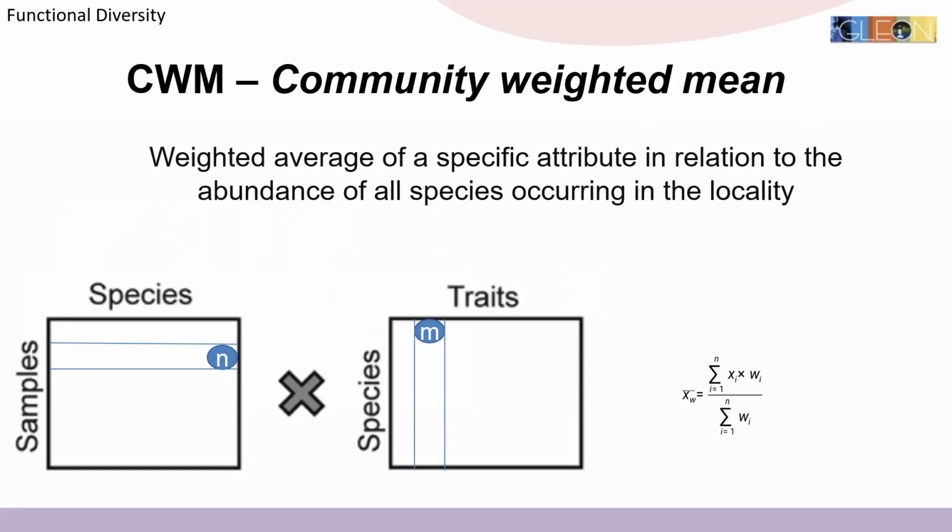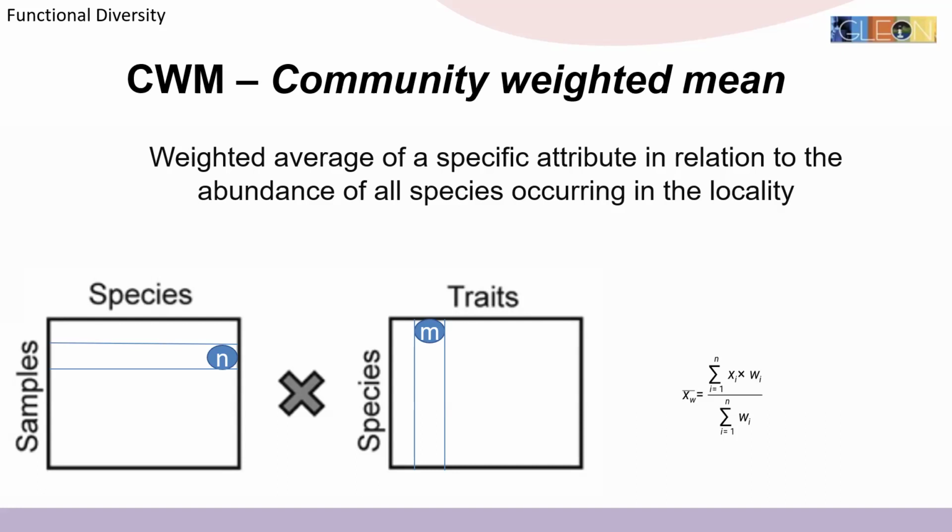So you can get all your traits, and then you analyze each one of them separately. And you are going to see how that trait varies inside each sample that you have, based on the abundance of species. So it is the weighted average of a specific attribute in relation to the abundance of all species occurring in that locality.